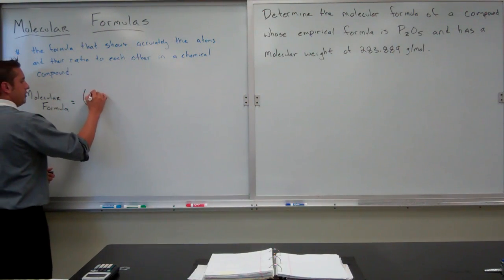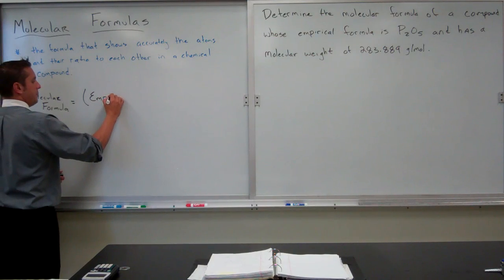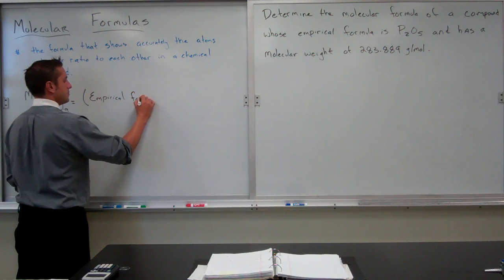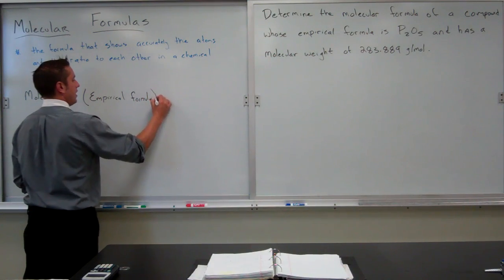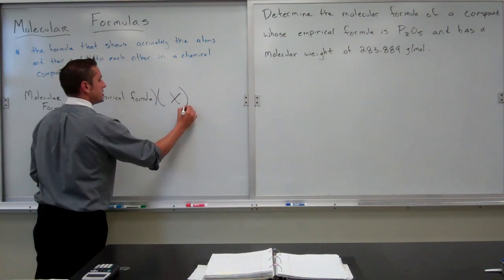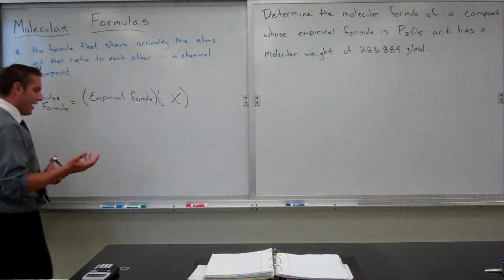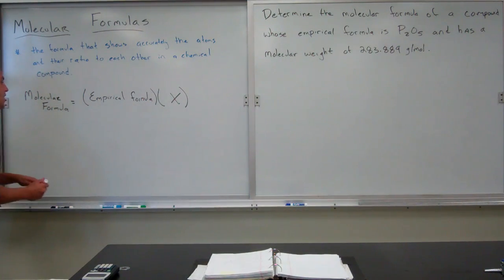It is equal to the empirical formula of a compound times some multiplier x. What then is x, and how do we get this multiplier?